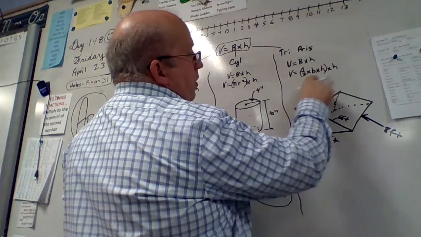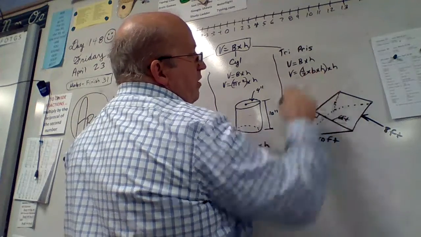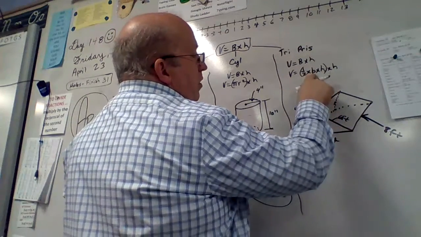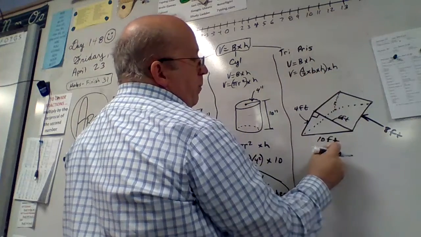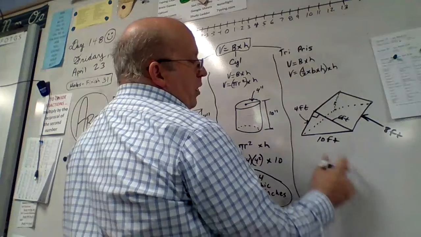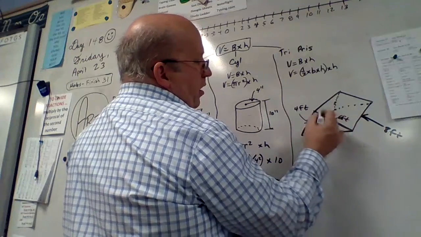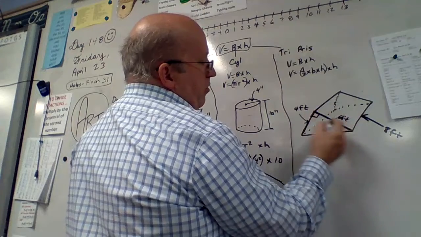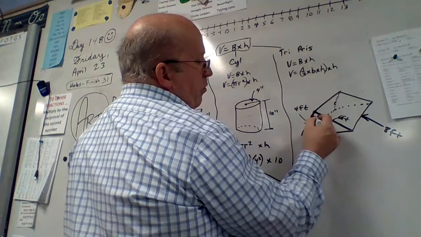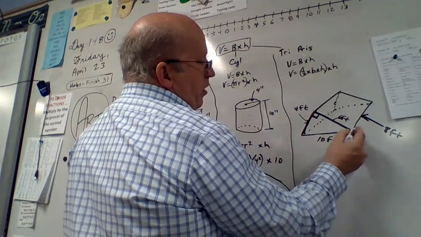Remember when we talked about areas of triangles, we defined the base and the height of a triangle as being the height is the perpendicular distance from the base to the opposite corner. And we've got that right here and right here. This is a perpendicular distance. Perpendicular means 90-degree angle going from one side to the opposite corner.